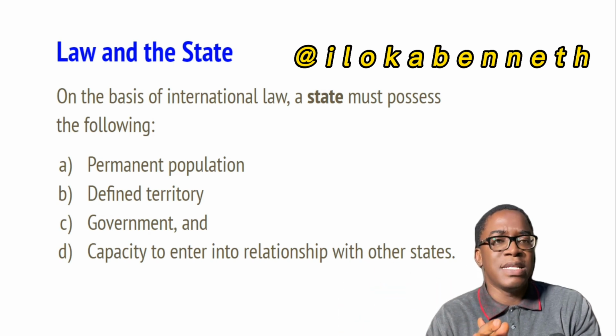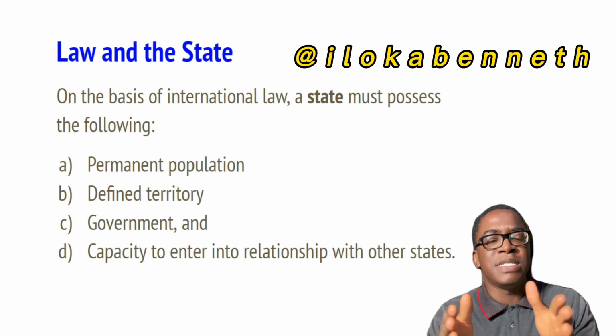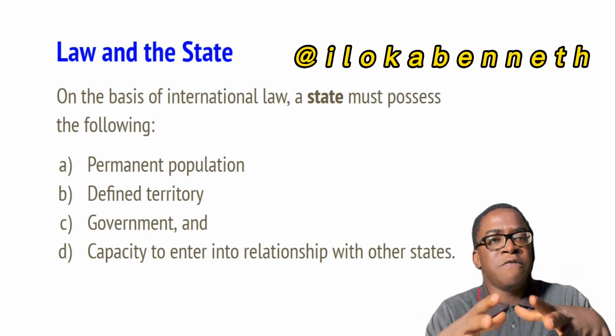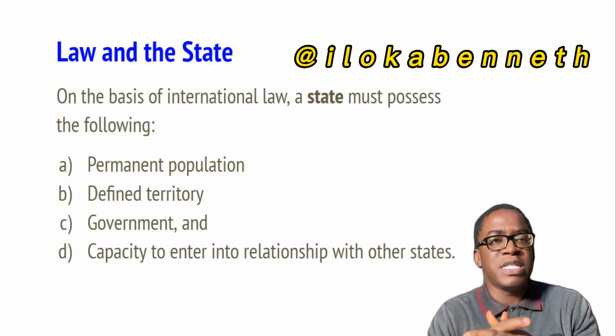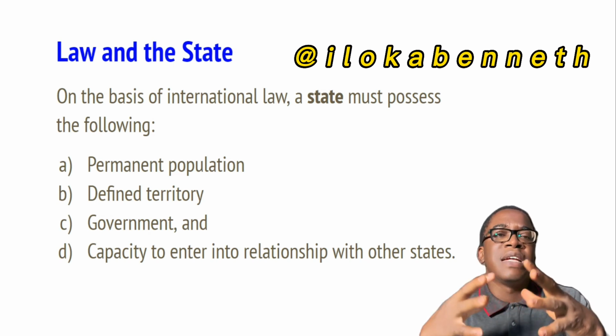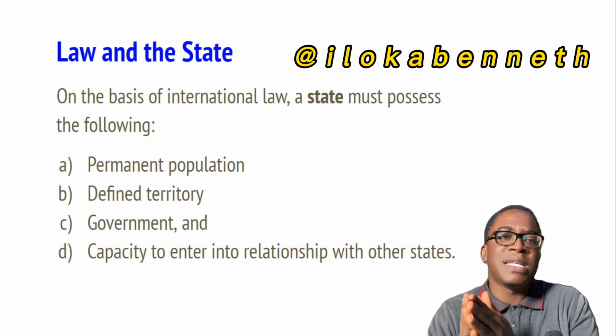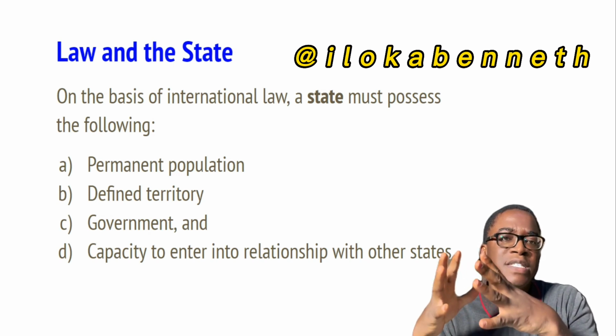Okay, they define the budget and divide the budget according to different policies and objectives they have defined to attain or achieve within a given administration. Okay, these people that we elect into political positions, the governor, the president, and so on and so forth, they are the government. So for a state to exist, there must be a government that is in charge of the affairs of the state.